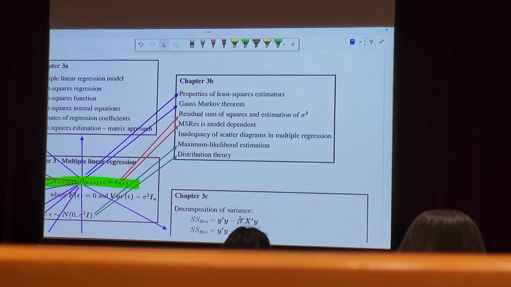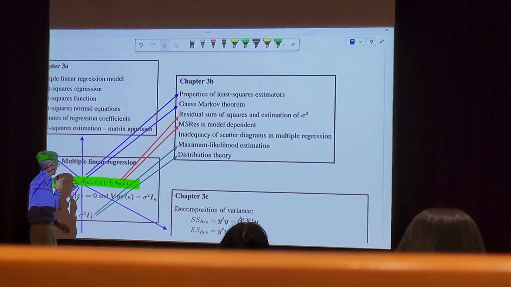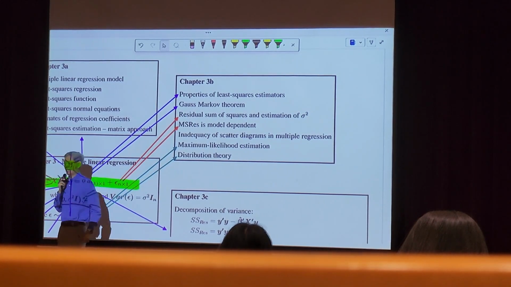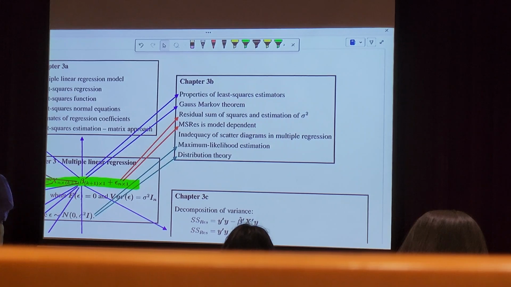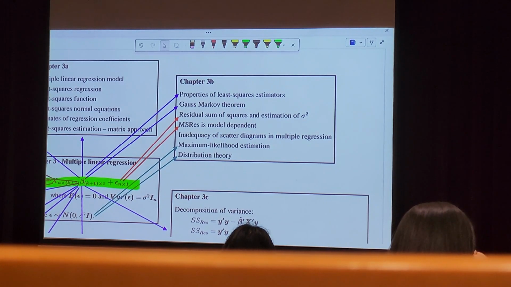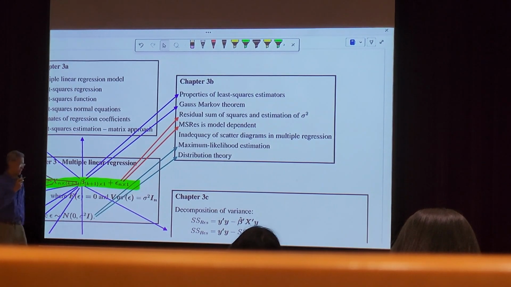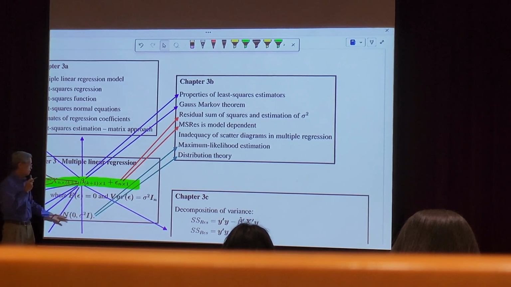Okay? And we learned that if you do maximum likelihood estimation, they are identical except for sigma squared, where the degrees of freedom is slightly different: n minus p, n minus k plus 1.